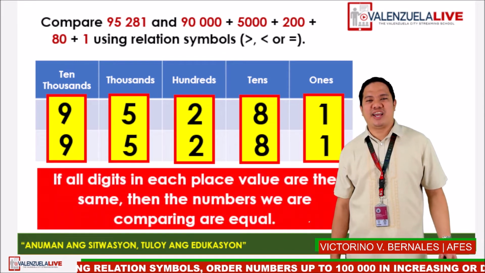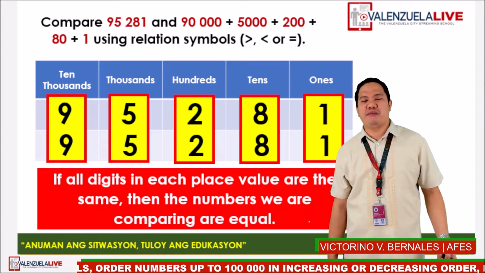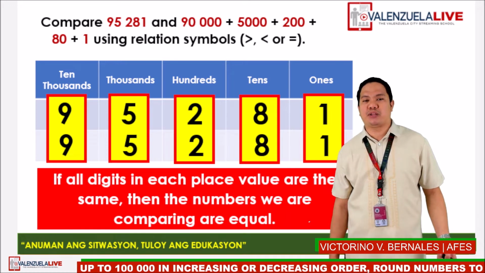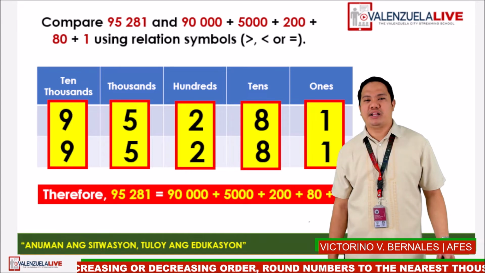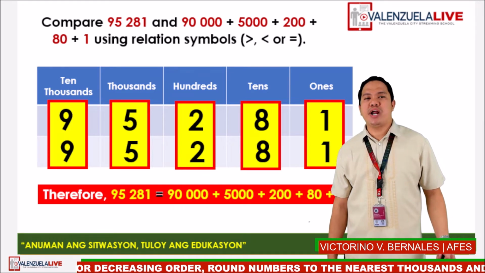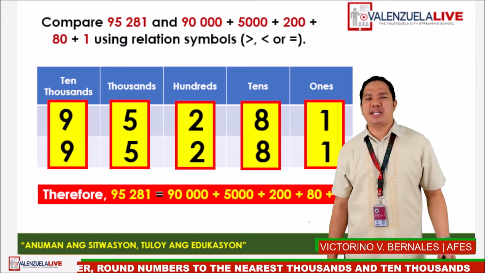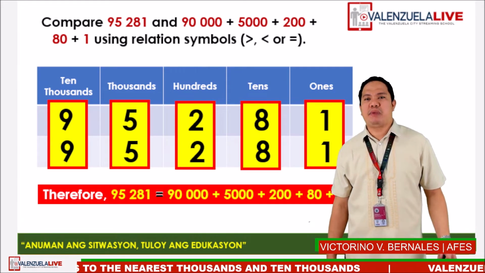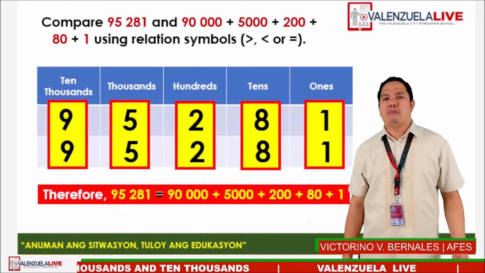Very good. All the digits in each place value are the same. If all the digits under each place value are the same, then the numbers are equal. So therefore, 95,281 is equal to 90,000 plus 5,000 plus 200 plus 80 plus 1.